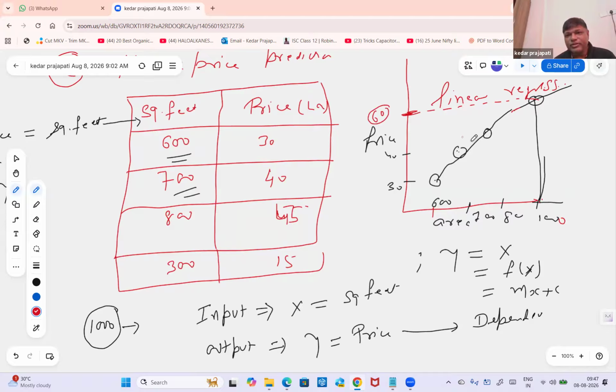So it will tell you that for 1,000 square feet, the price will be around 60 lakh. It can be 59.5 or 58 as well, so that depends on how good your model is.